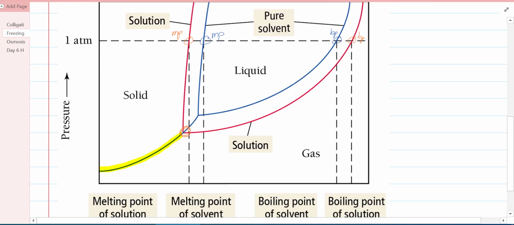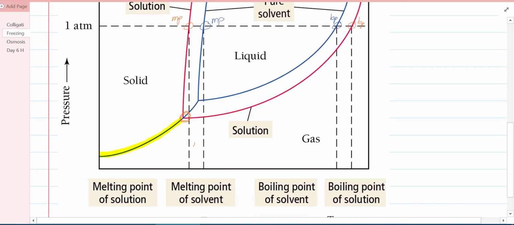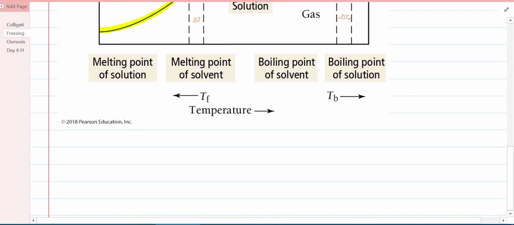And so as you can see, these are delta T's, right? And that delta T depends on a few things. It depends on the solvent, the solute. If we notice, the freezing point is always lower, and the boiling point is always higher in this situation.